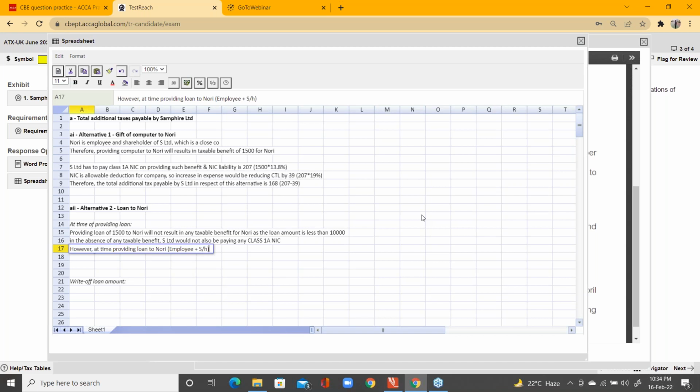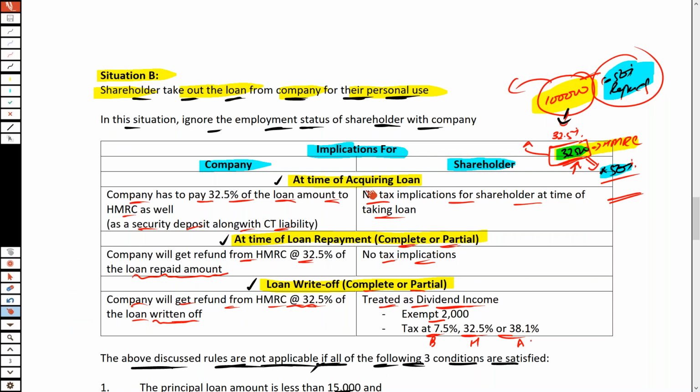S Limited being a close company, S Limited would also be making a payment of 488 on the amount of 1500 at 32.5% to HMRC as per the rule discussed above. This one, the company implications at time of providing loan.